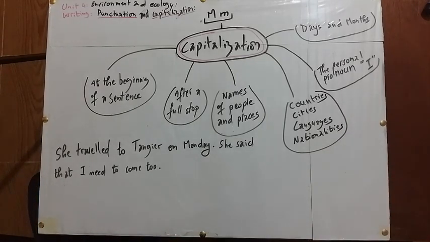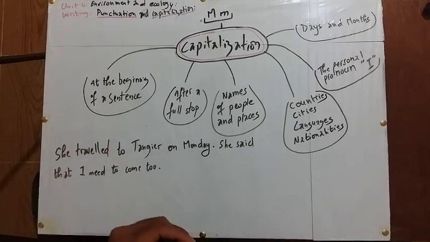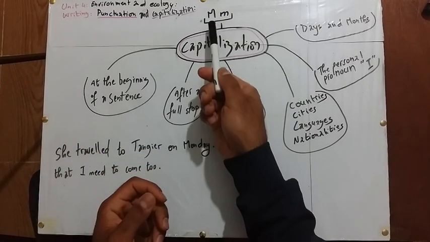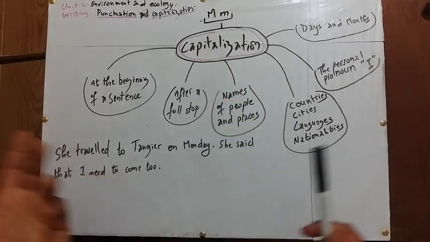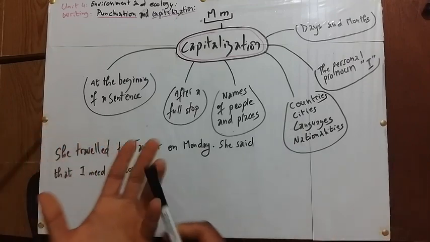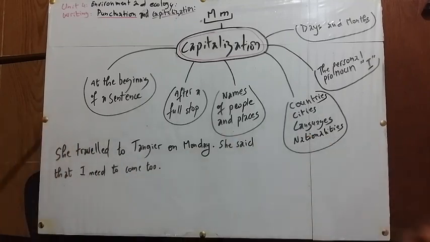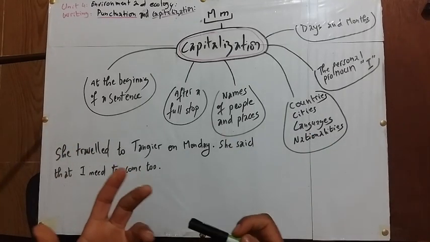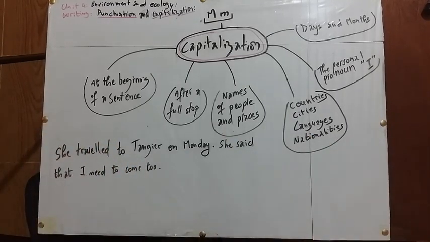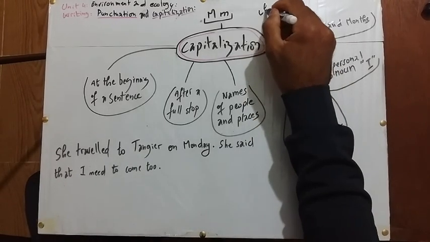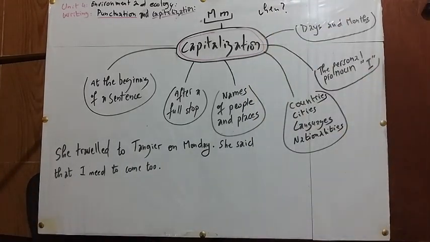When we capitalize, it means that we use a capitalized letter. But we don't use a capitalized letter whenever and whatever we want. So let's take a look at when do we use a capitalized letter.